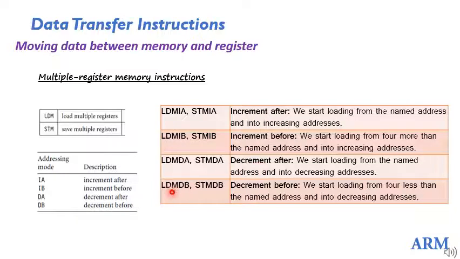Whereas DB, which stands for decrement before, in the instructions LDM DB and STM DB, first the address specified in the instruction is decremented by 4, and after that the data transfer will start, and it will go into the decreasing addresses.